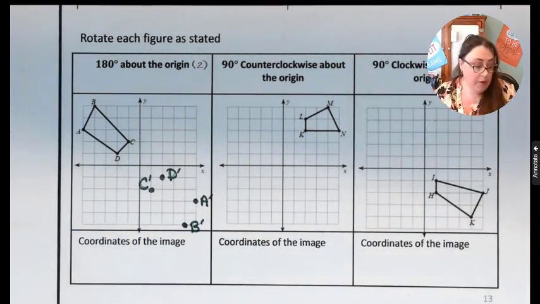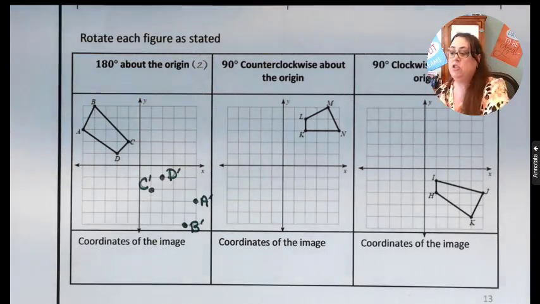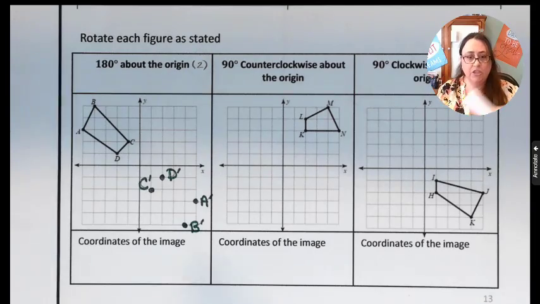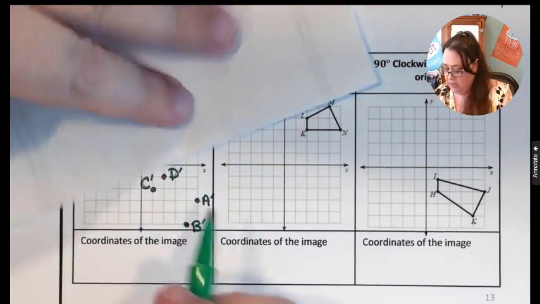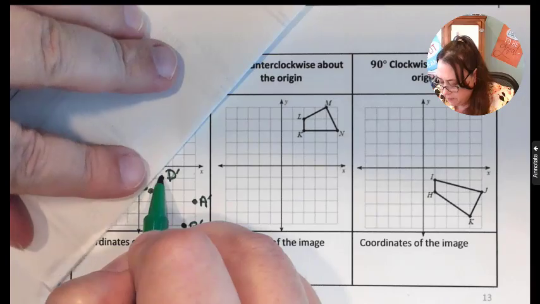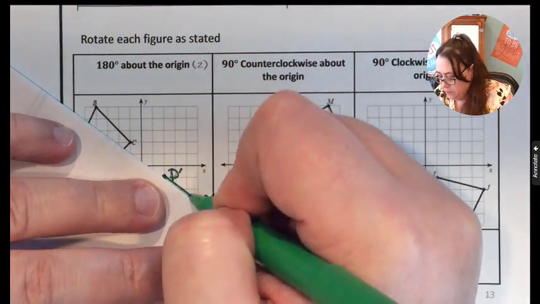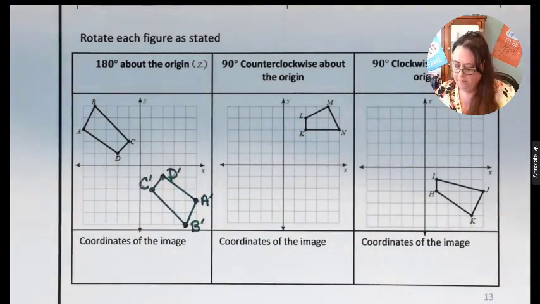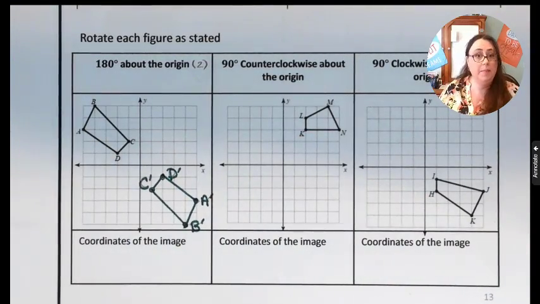And whenever we are doing this, we want to make sure that we are using some kind of either ruler or straight edge to connect the dots. I'm just going to use a piece of scratch paper that I folded up. And there's my new image.